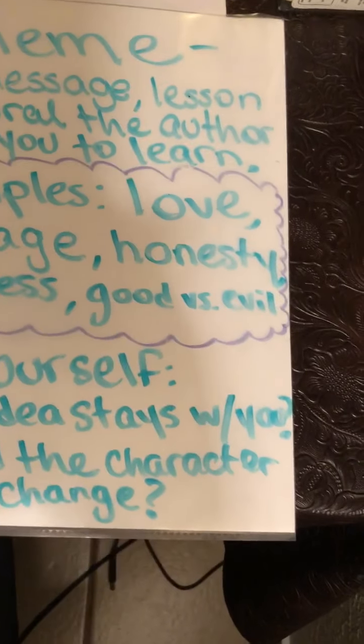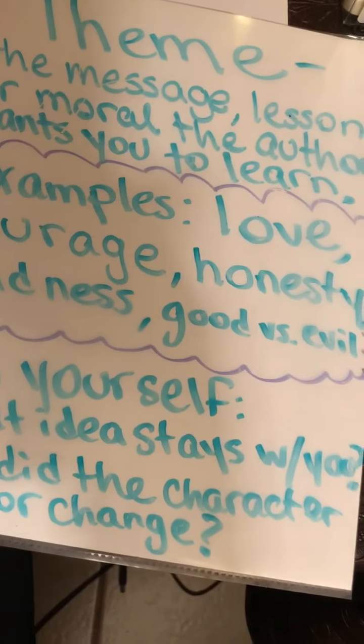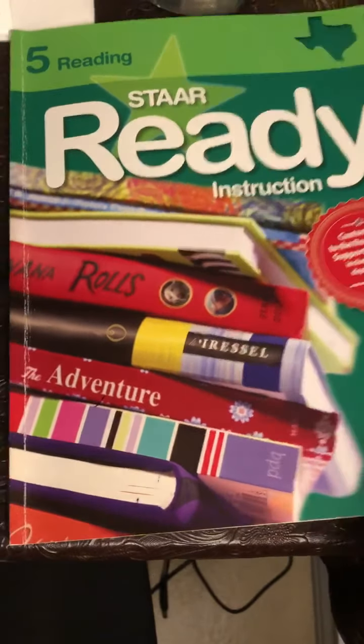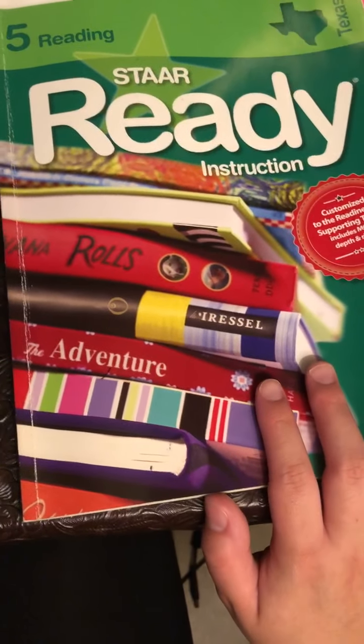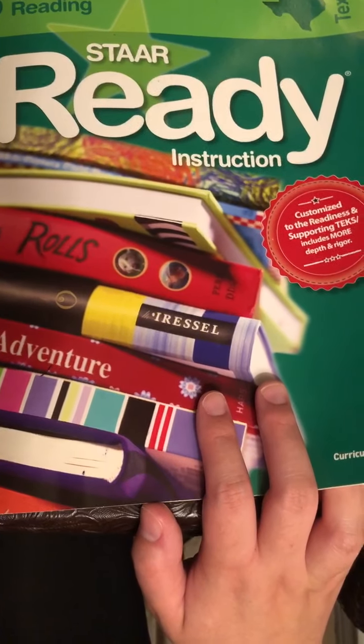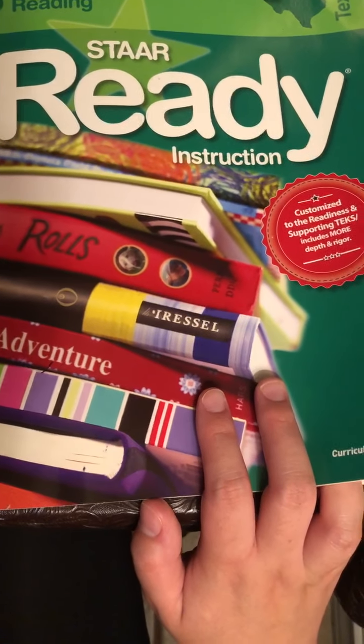All right, so for this week we are going to continue working with our Star Ready instruction book. Make sure you're using this book and not any of the other packets that I gave you. Okay, if you have any questions about what passage, what page number you have to work on, look at the calendar that I'm going to be posting on Teams and on Dojo.